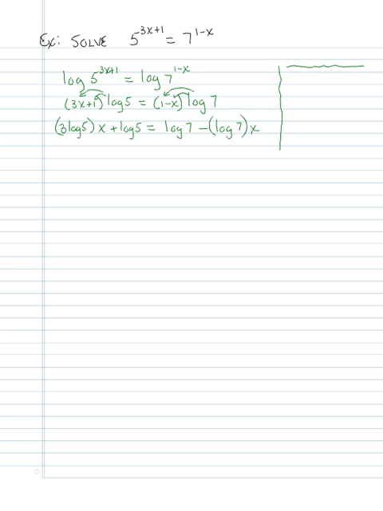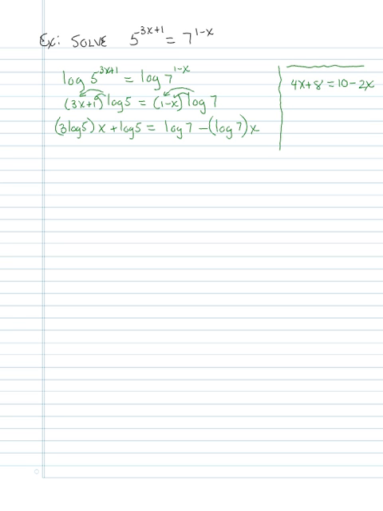On the left side, we have a number times x, like 4x plus 8. See, we have something times x plus just a number. On the right side, we have some number, log of 7, whatever that is, we'll just say 10, minus some number times x. So we'll say, just for argument's sake, 2x, just as an example. I'm just making that up as I go here.